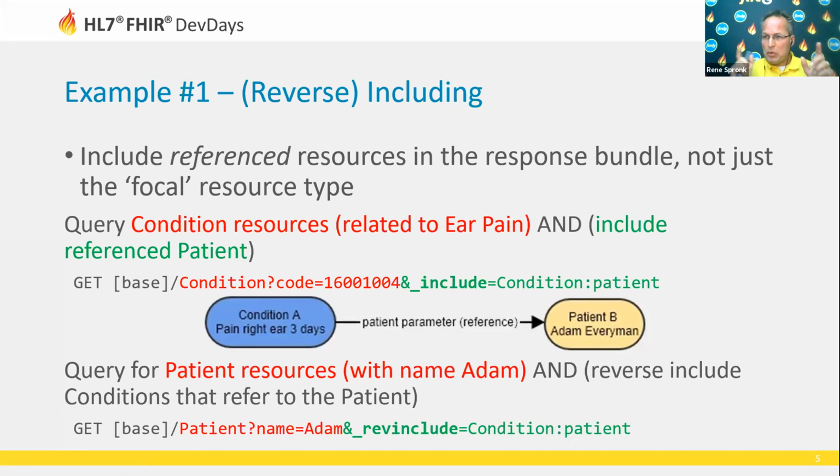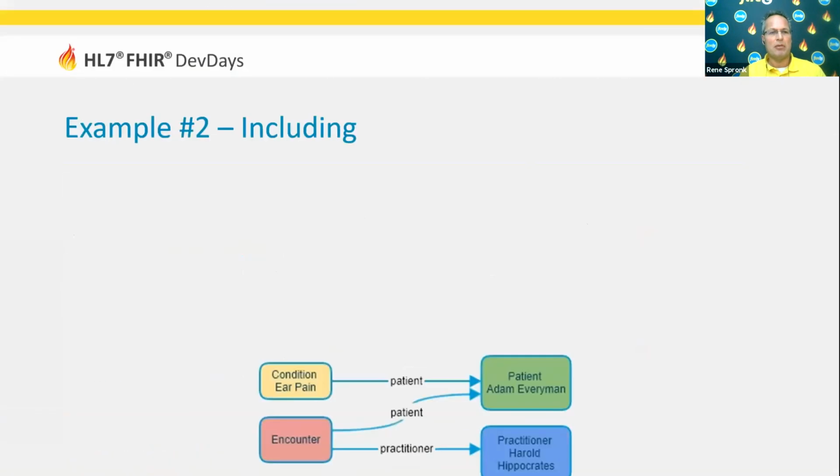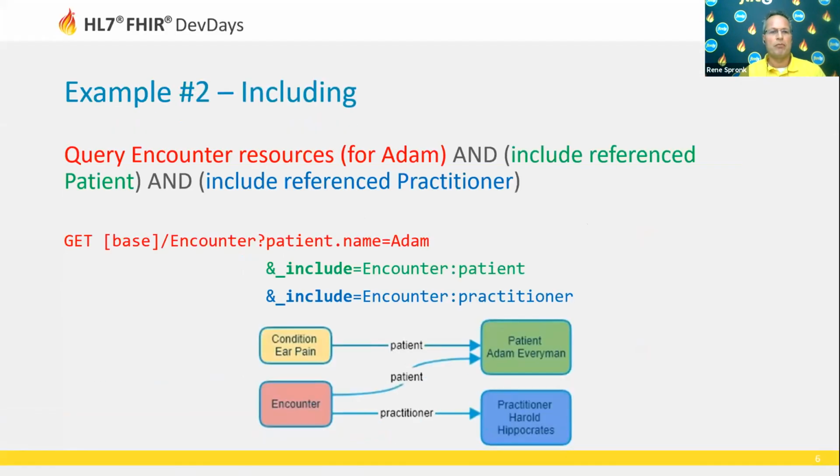So the first thing to do when you tackle some sort of search is always, either in a mental model or on a scrap of paper, create a model of what are the resource types involved and what reference search parameters do I have going from one to the other, etc. And in this presentation, you will see me actually use that approach for each and every search that I'm going to define.